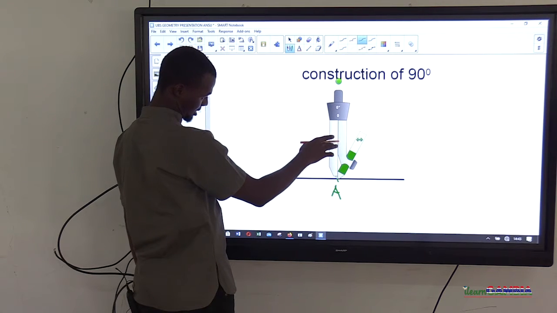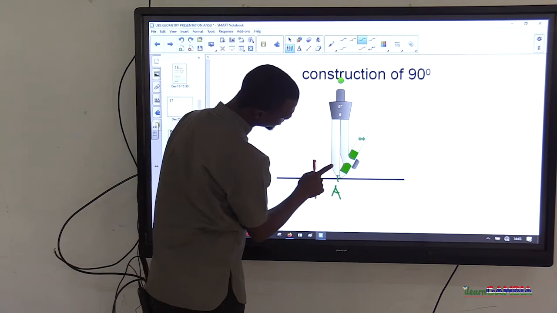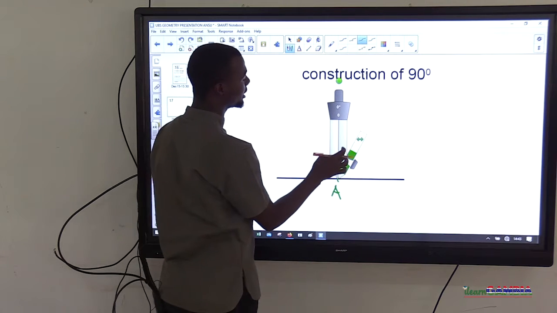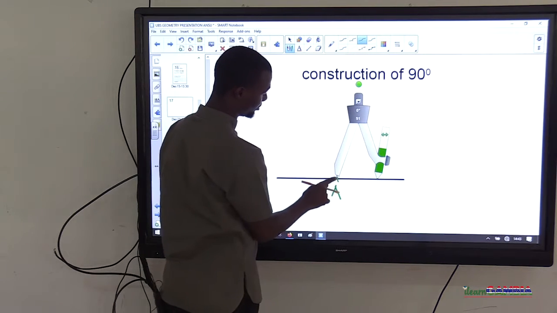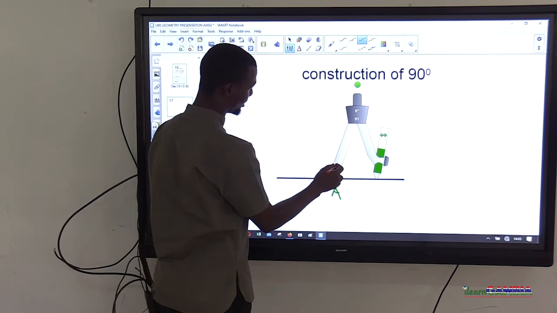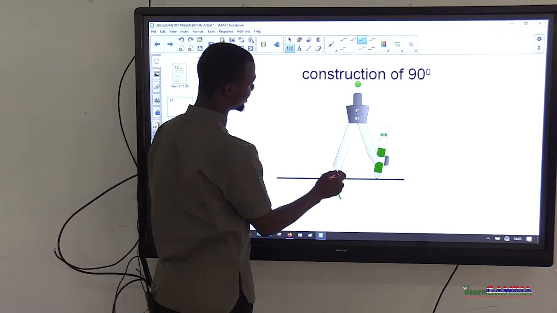With A as the center, you open to any convenient radius.